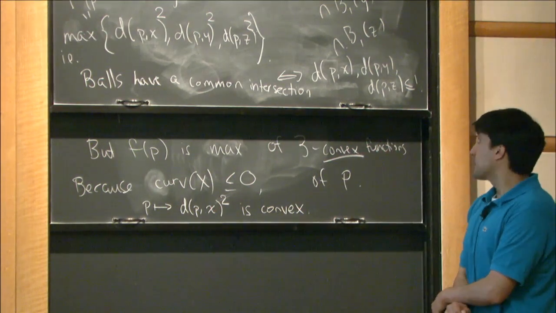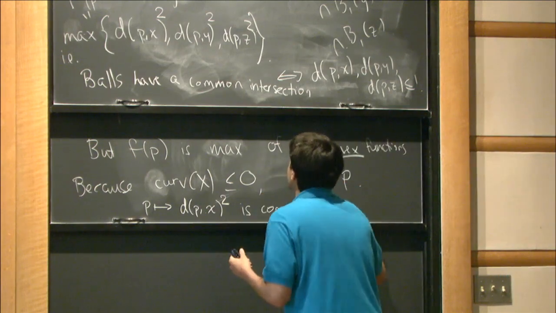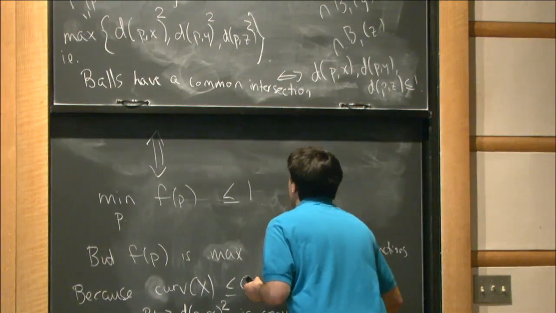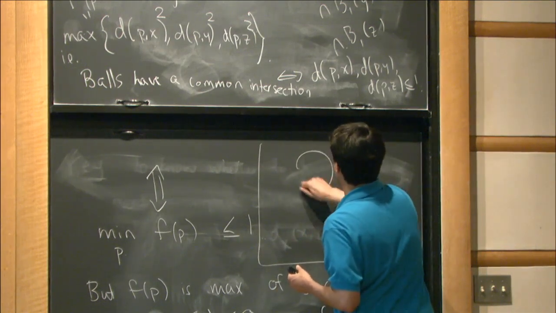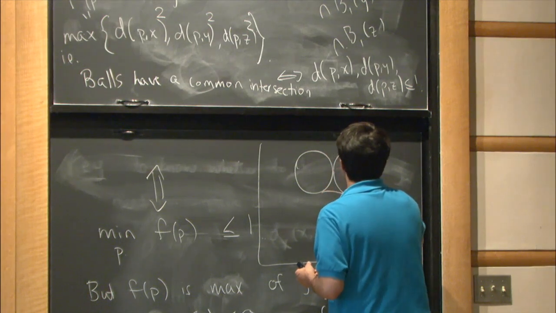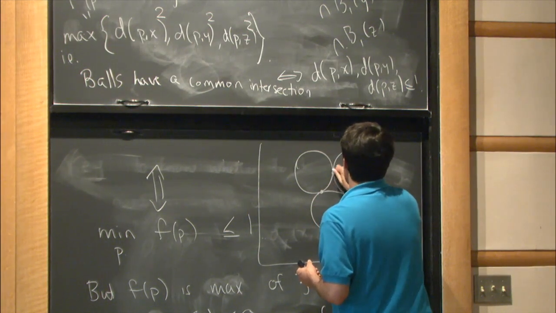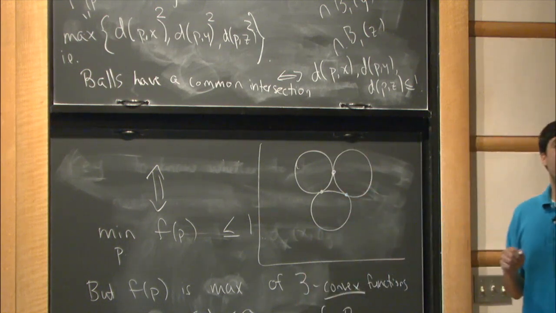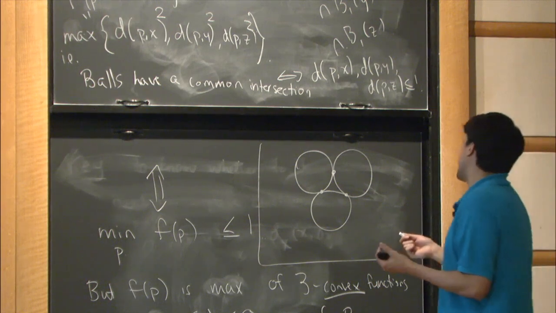So the hard thing to do, like I guess I erased the picture of the three balls without a common intersection point from before. If three balls do have a common intersection point, you can usually find it pretty easily.